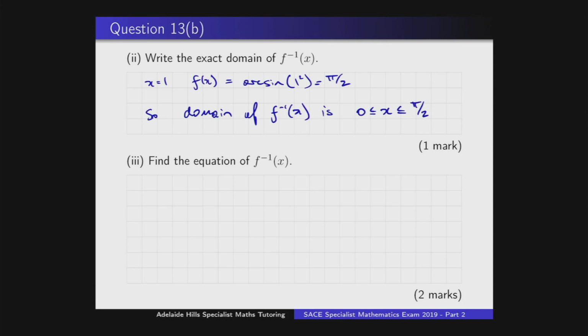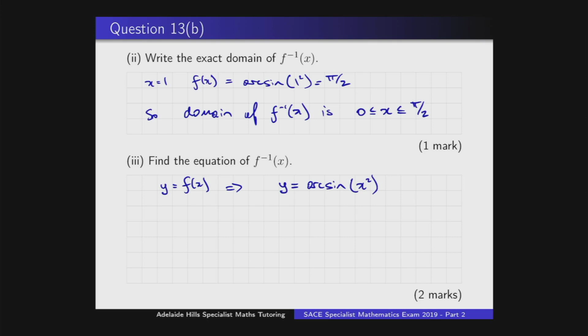Okay, we want to find the equation of the inverse, and what we need to do here is just a little bit of algebra to rearrange the equation. So we've got y equals f of x, and we write that as y equals arc sine x squared.